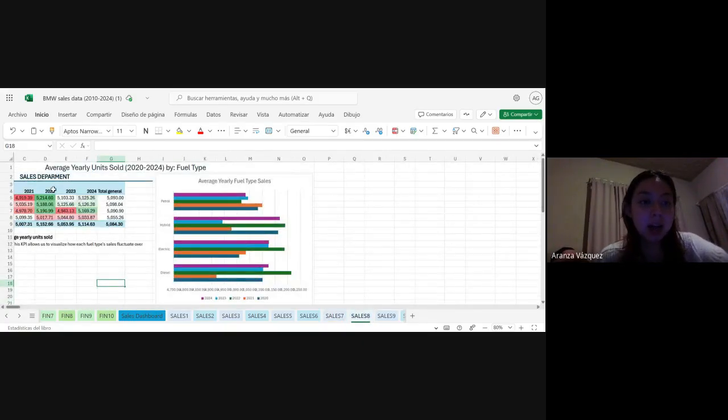And then we have average yearly units sold by fuel type, which allows us to know how the sales are fluctuating regarding fuel type.